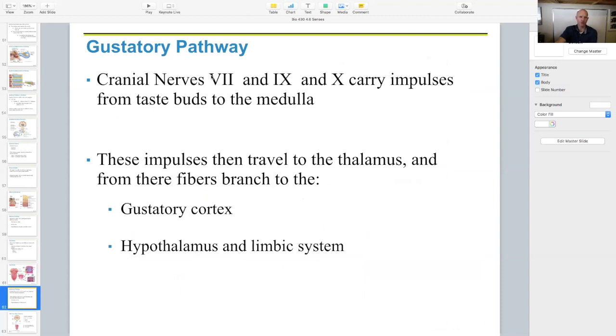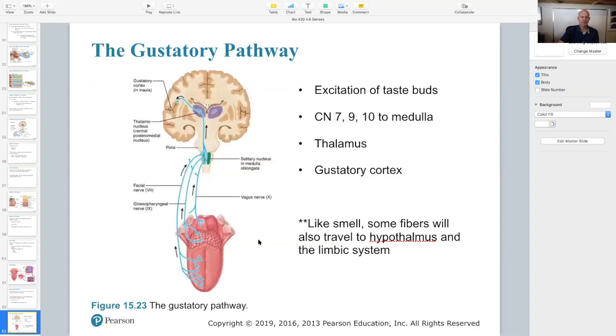So these are the 3 nerves that are going to be dealing with that taste, and they'll send it to the medulla, and then from there it'll go to the thalamus to process, and then eventually arrive at that gustatory cortex. The gustatory cortex is in the insula, but you can see here it also deals with that limbic hypothalamus, and taste can also bring in certain emotions and memories. That's what this shows us.